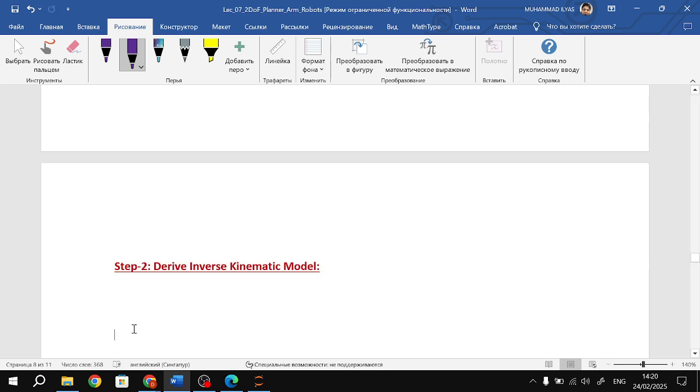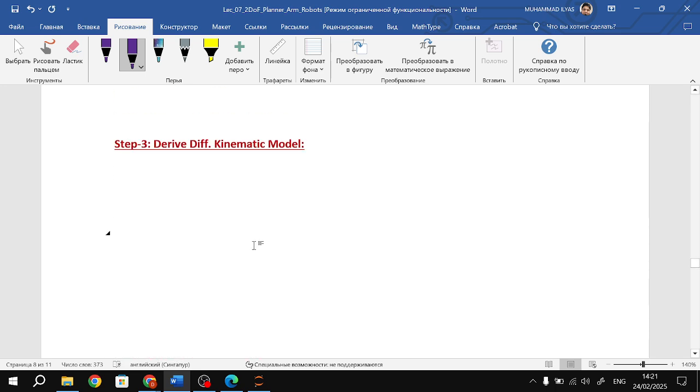Step 3 is derive the differential kinematic model. Because we got position, we can get the derivative easily.